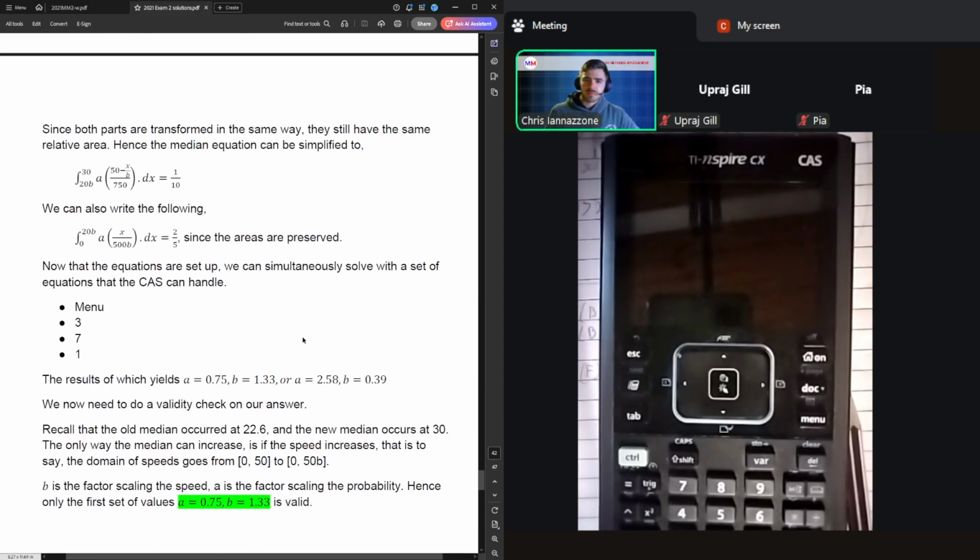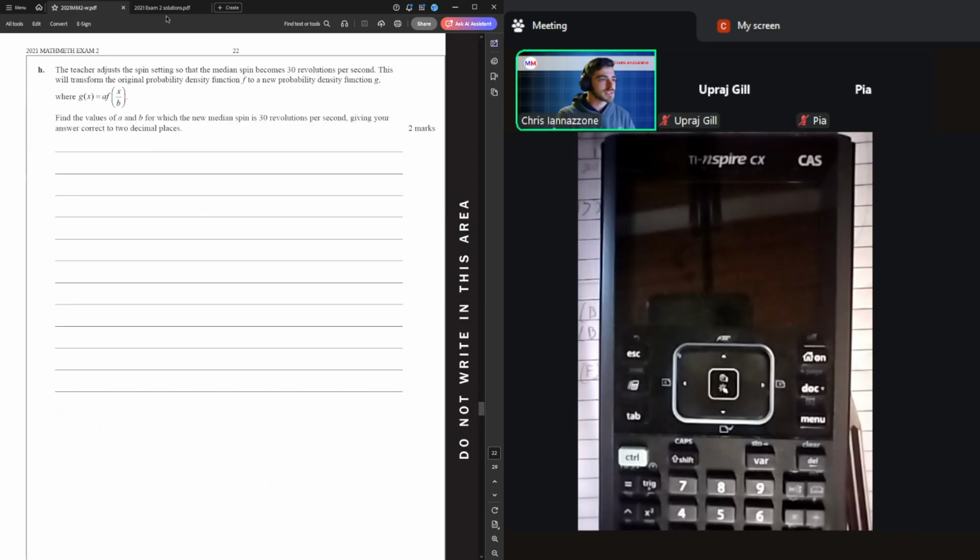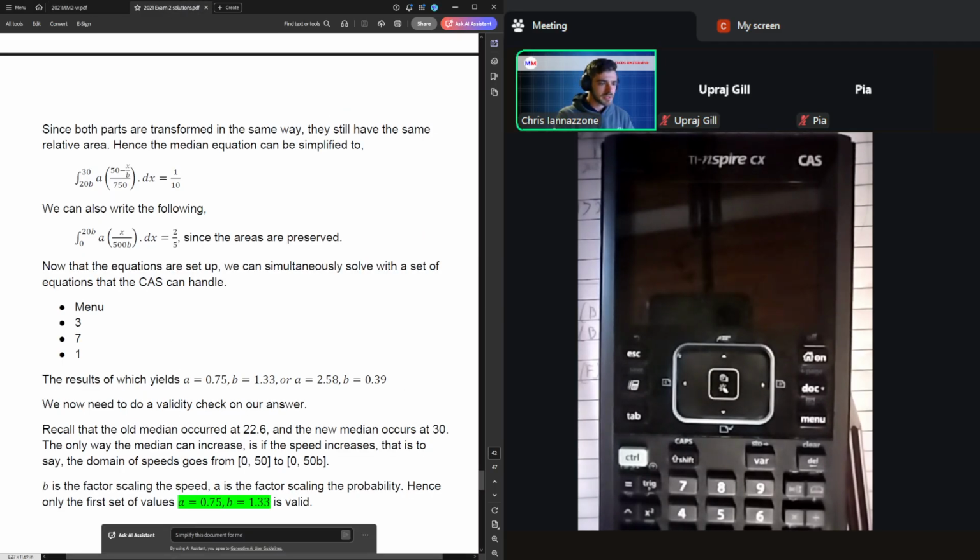Anything left to clarify on what's going on there? Because yeah, this one, in fact, maybe I can find it. Let me pull up the 2024. I think it's in the 2024. It's a very similar thing.